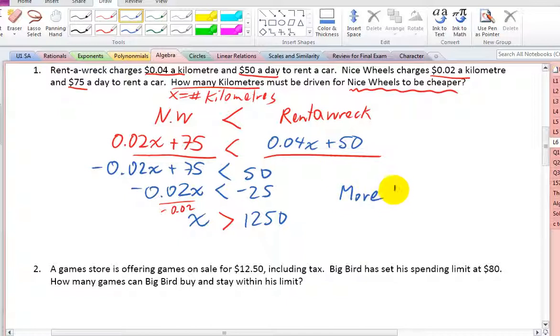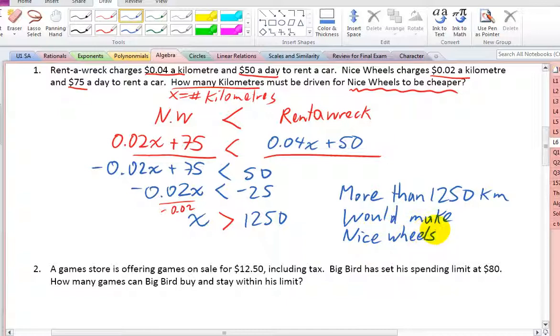Okay. So you got to say something to the effect that more than 1250 kilometers would make Nice Wheels the better deal. So if you're going on a long trip, you're probably going to use Nice Wheels. But if you're going on a short trip, you'd want to choose Rent-A-Wreck.